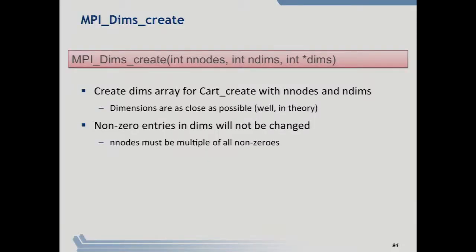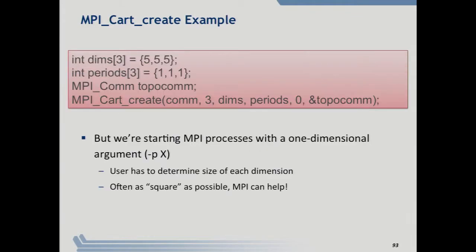So there are some hints to give MPI suggestions in that regard. Or you can even totally ignore it because this is just a suggestion. You don't have to follow what it replies. But typically what you do is you call this, and you feed the output of this to this function. So you call that function and then feed the dims that came out here to dims create.